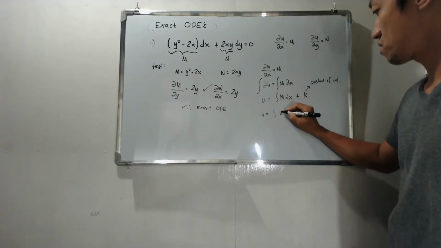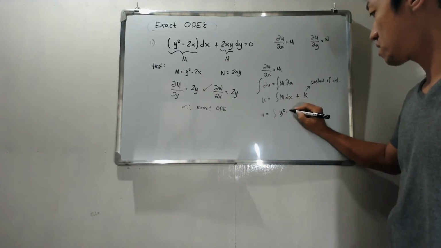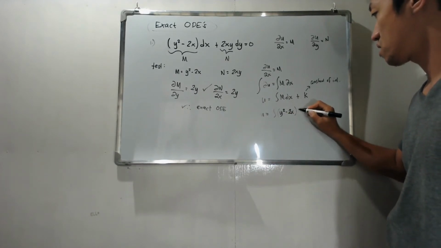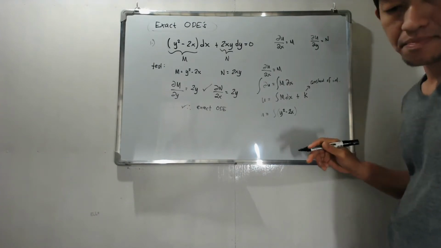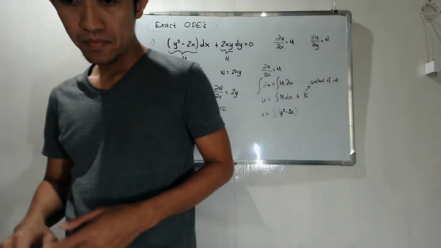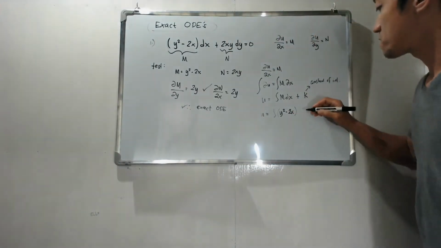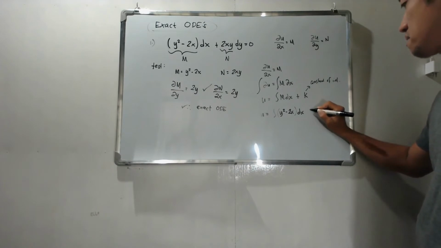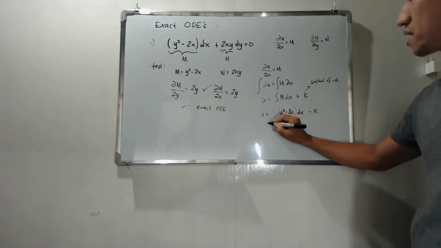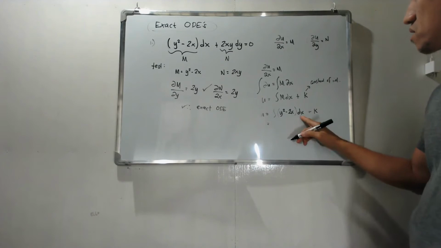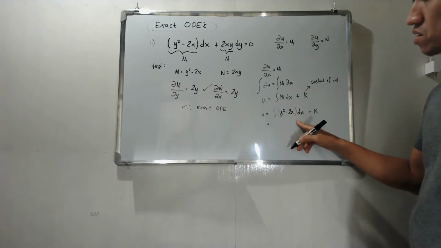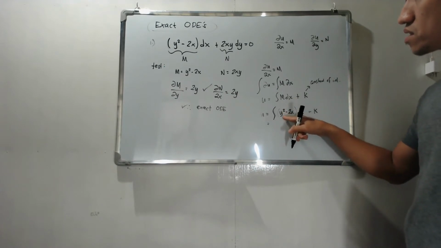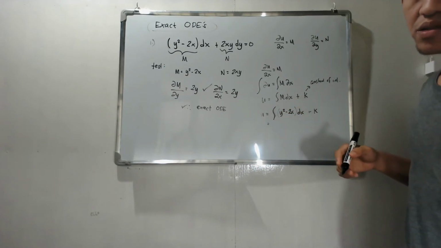Okay? So therefore, your u is just your m, this one. Integral of (y squared minus 2x) dx plus k. Okay, so you set the variables containing y to be a constant.